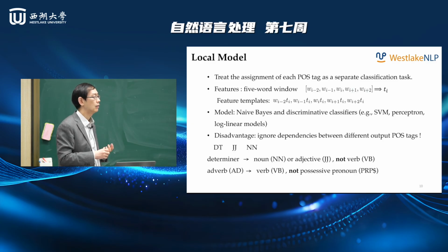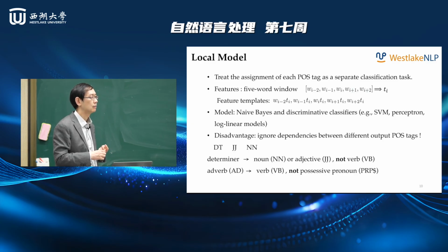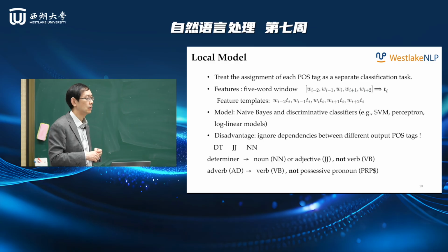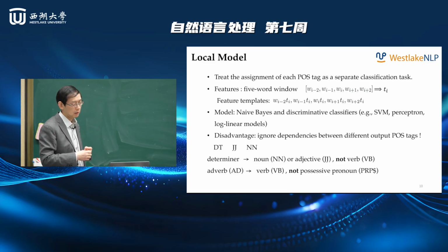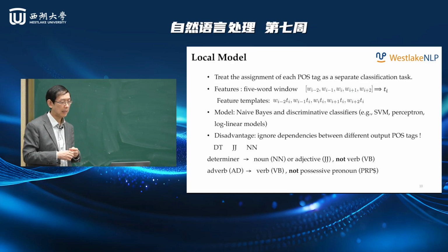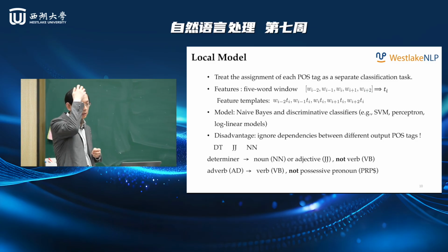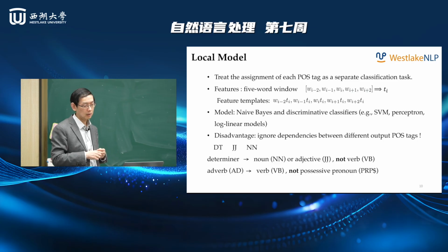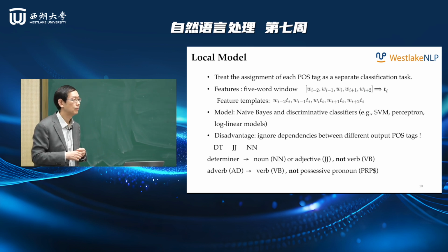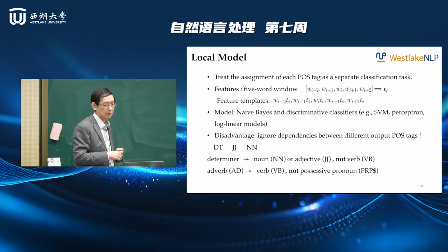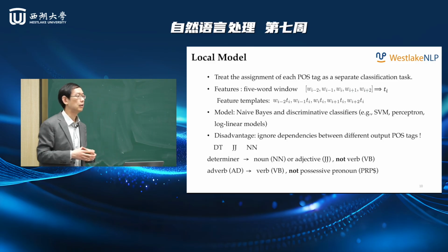You don't say, "the run." You don't normally say that, right? Similarly, if the previous word is an adverb, the next word is likely a verb, but not likely a pronoun, like "very him." This is unlikely. So this local model doesn't have that knowledge.